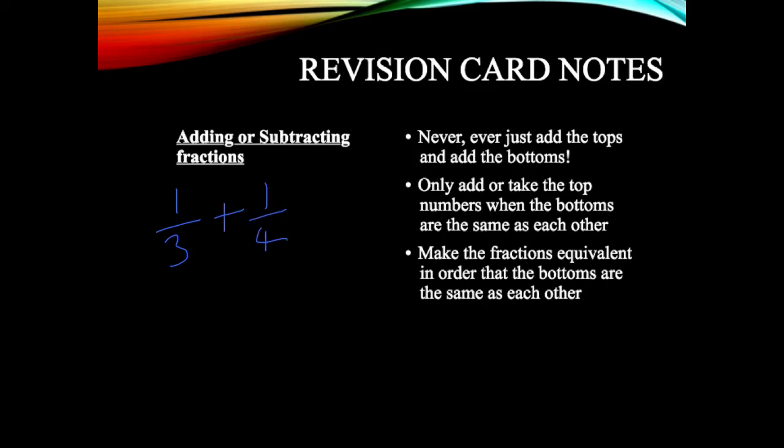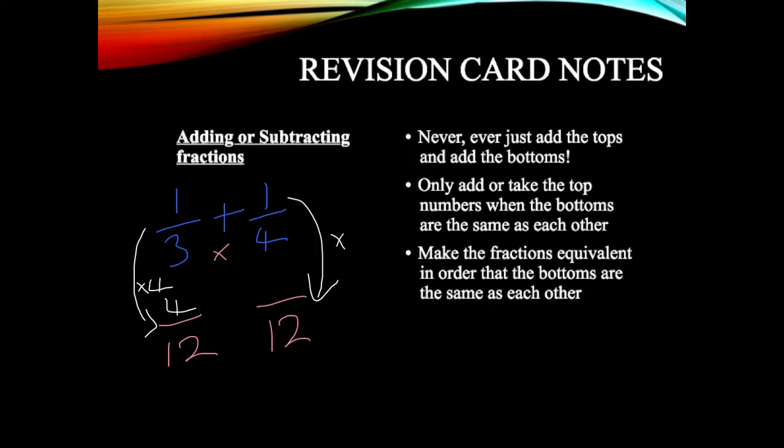You'd have to write them both over something. So both over 12. What can I multiply this by? What can I multiply this by? Well, 3 times 4 on this side, so we've got 4/12, times 3 on this side, 3/12. Remember, we're adding, so my final answer is 7/12.